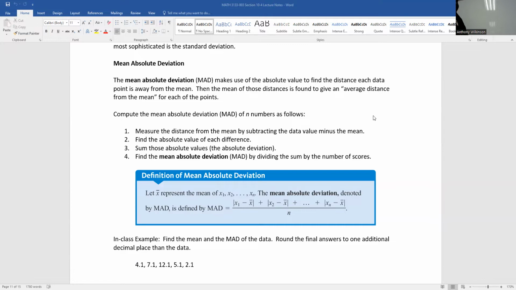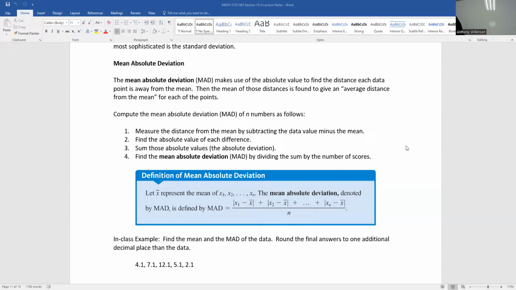In the blue box in the middle is the definition of mean absolute deviation. Right above it is the procedure for computing the mean absolute deviation of n numbers. You measure the distance from the mean by subtracting the data value minus the mean. To begin with, you have to find the mean, which is x bar.